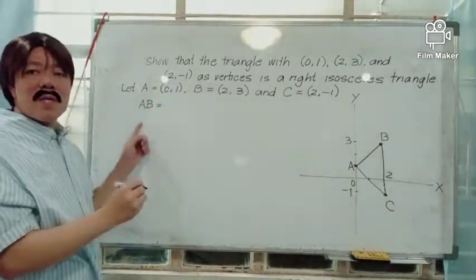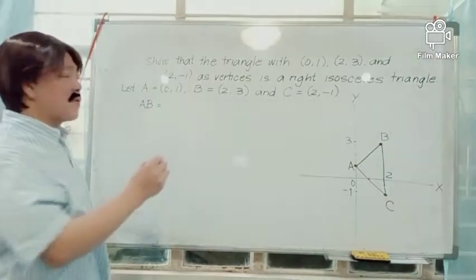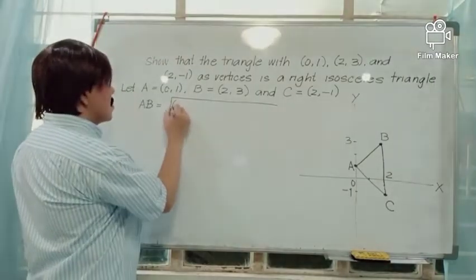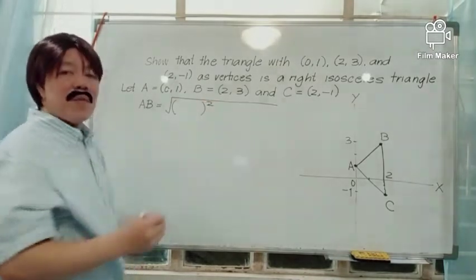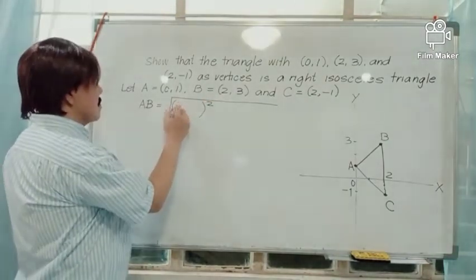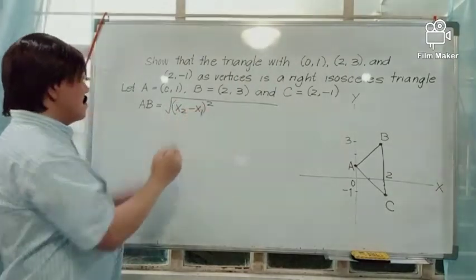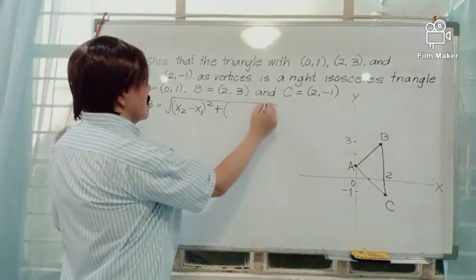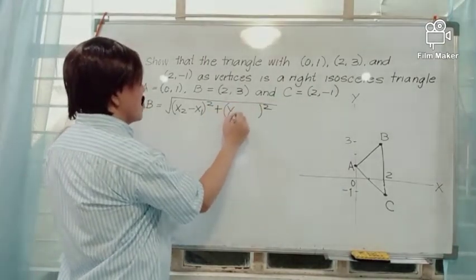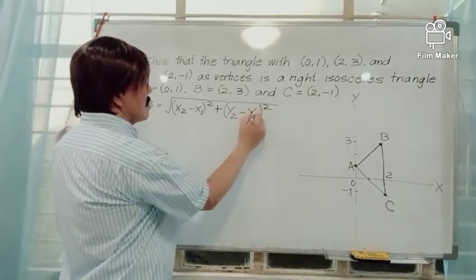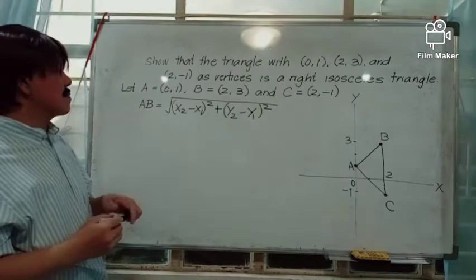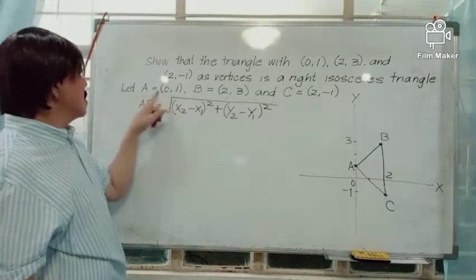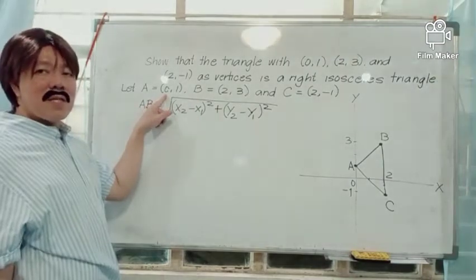The distance between the vertices A and B by the distance formula is the principal root of the square of the difference of the abscissas between A and B plus the square of the difference between the ordinates of A and B. And we take A with coordinates x1, y1 as the point 0, 1.